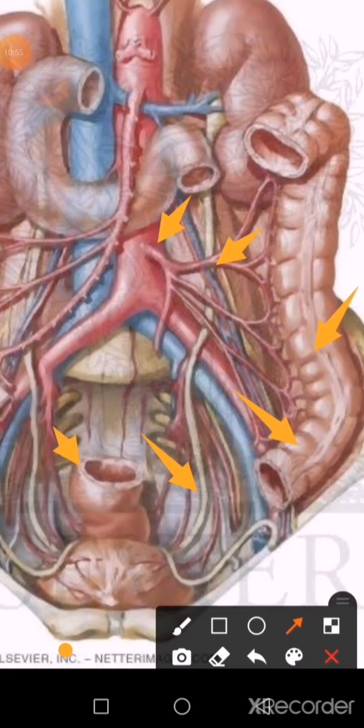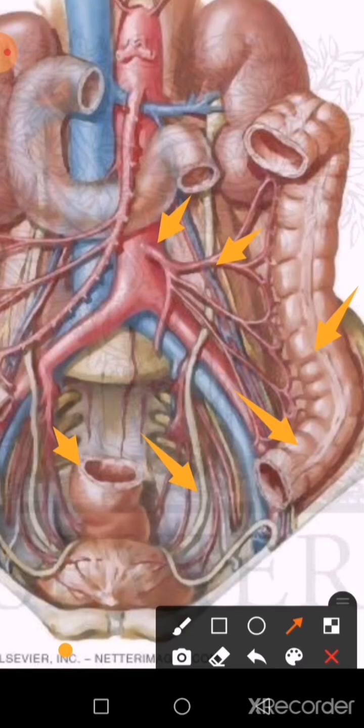Right. So there is also the sigmoid mesocolon, which is the mesentery of the sigmoid colon. It is a V-shaped mesentery, and its apex lies on the ureter. So that makes sense that the sigmoid mesocolon and the sigmoid colon would both be anterior relations.